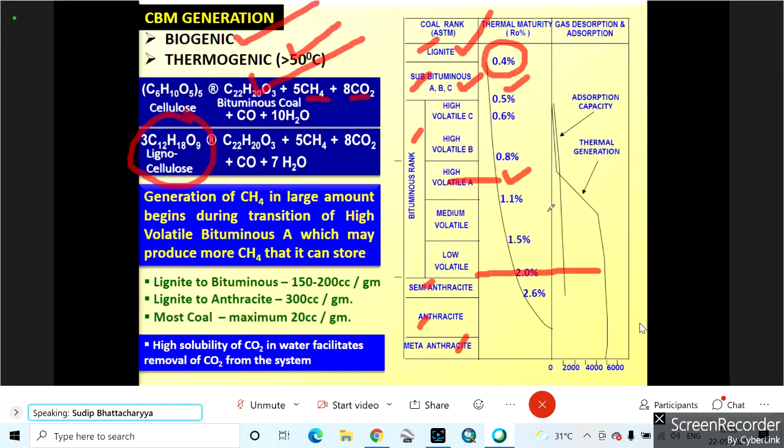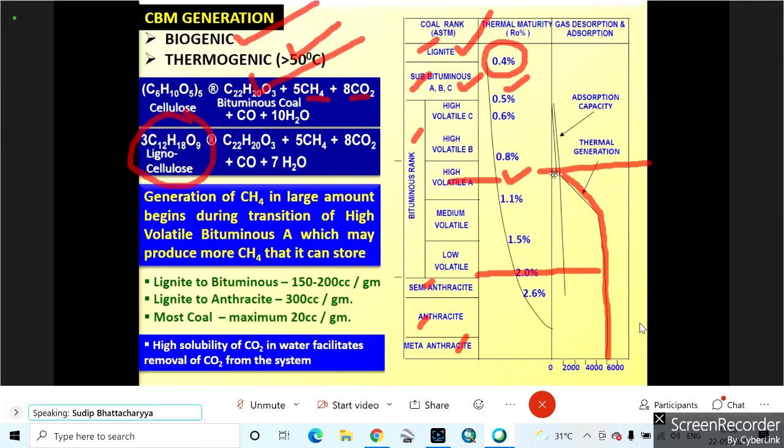Just see here that here is a break, and the methane gas, it is the resorption or adsorption, whatever it may be. I am coming to that later. So methane gas is coming out, and here it is the maximum. Now it is almost constant over here.